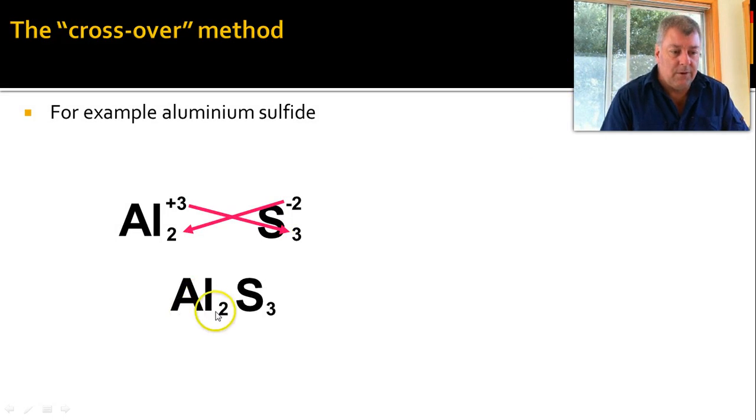The formula we write for aluminium sulfide now is Al2S3, with subscripts written down below, and there's no charge because now the charges cancel.